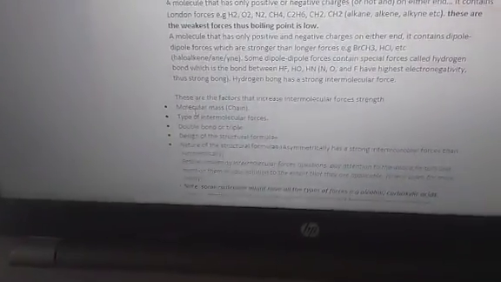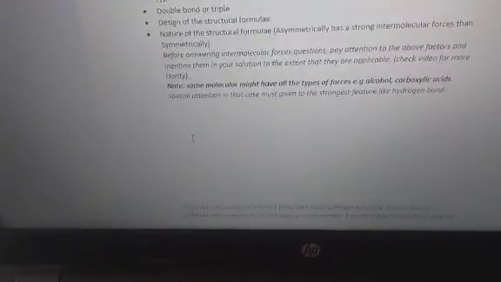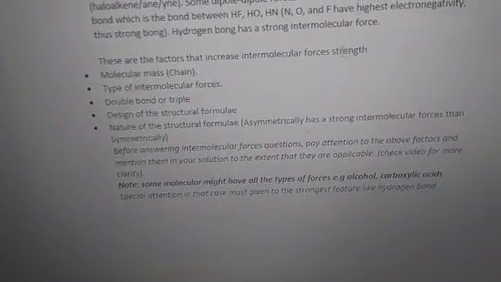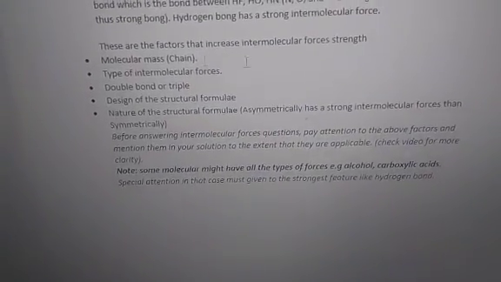Okay, let's come here. These are the factors that increase intermolecular forces. Okay, let's look at those.